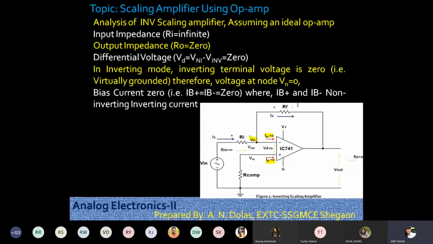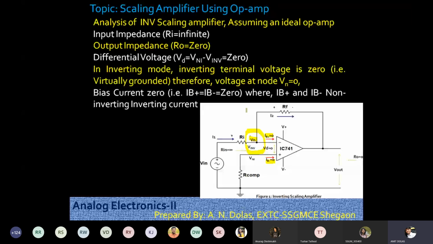So you can see at node Vn, there are basically three currents. Though the current passing into the op amp is 0, it is taken into consideration. There are basically three currents, I1, I2 and the op amp current.